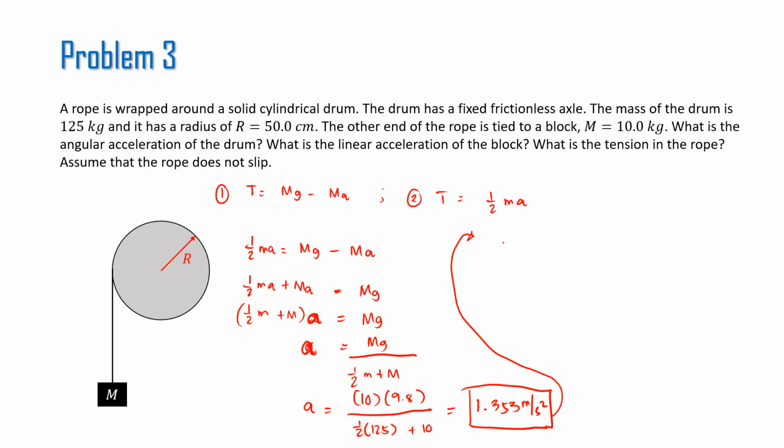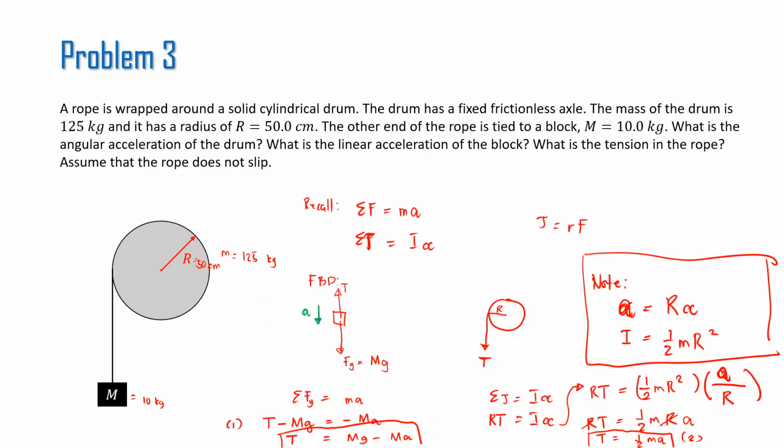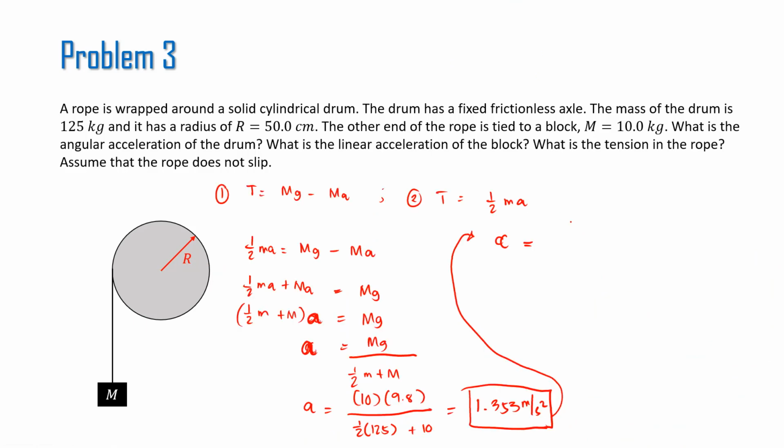After this, we can get alpha. The angular acceleration, we can solve it using this equation: alpha is equal to a divided by the radius. So this is equal to the linear acceleration divided by the radius.